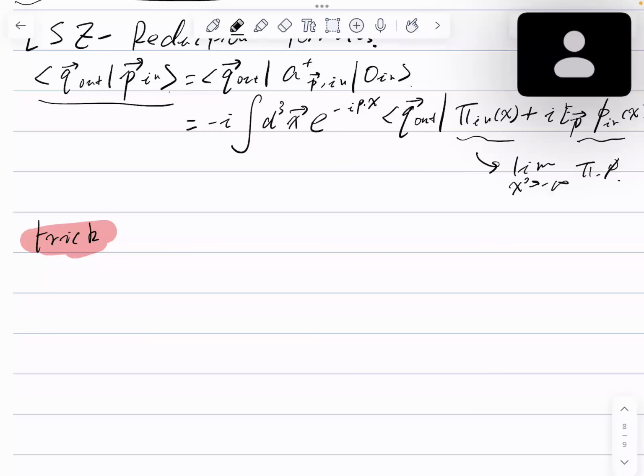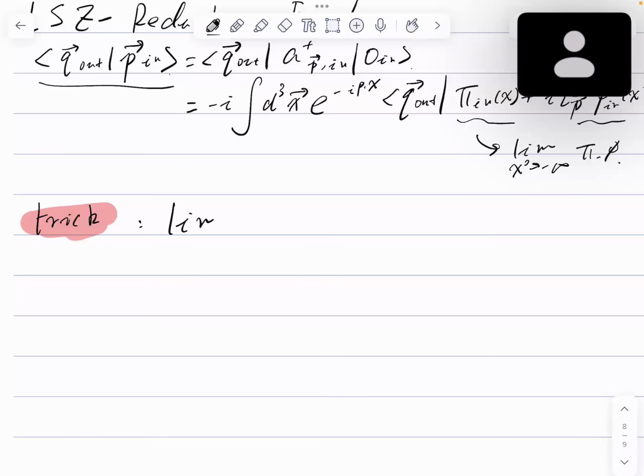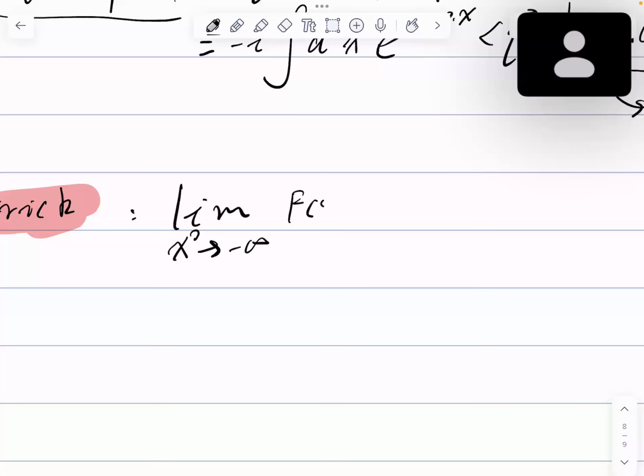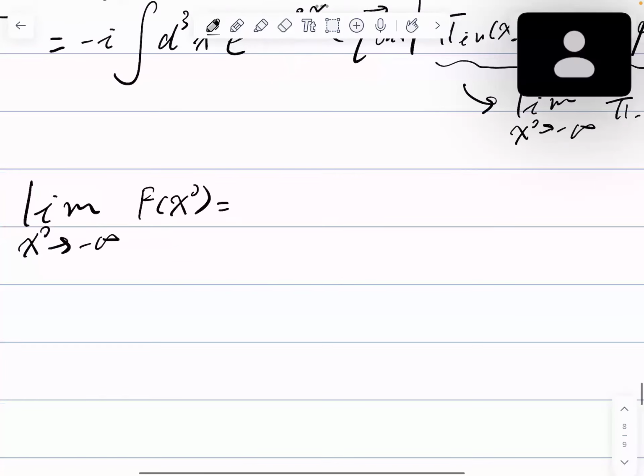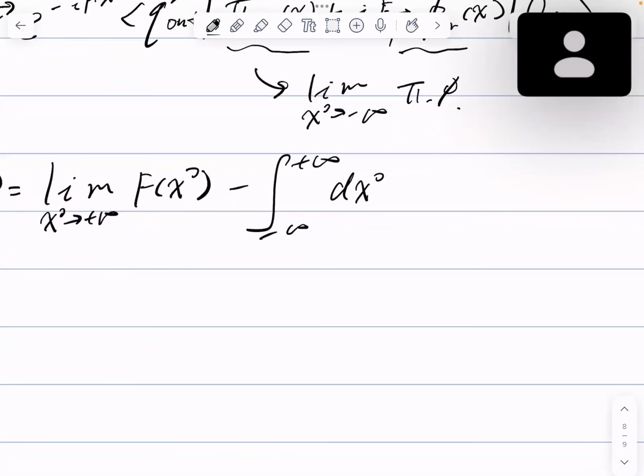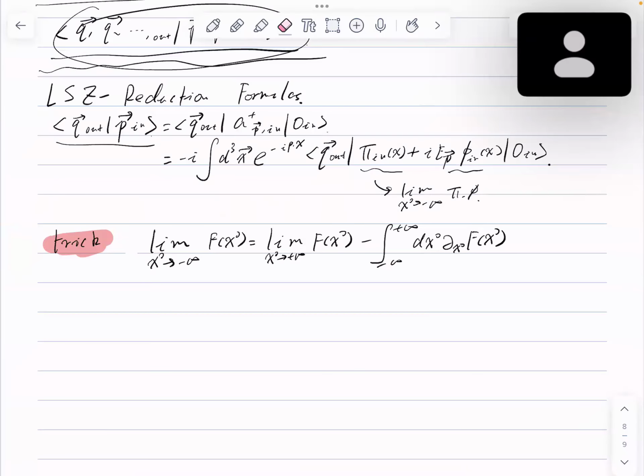Here is a trick, using the following identity: the limit as x0 tends to minus infinity of f x0 equals the limit as x0 tends to positive infinity of f x0 minus the integral from minus infinity to positive infinity of dx0 partial x0 f x0.